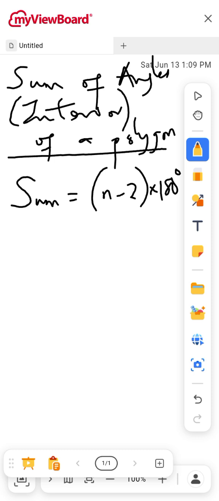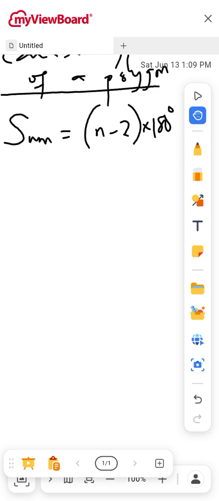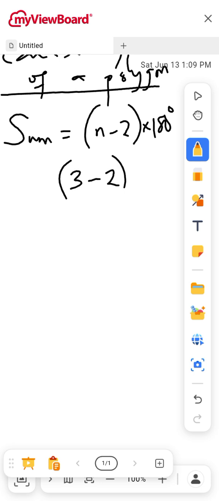Now, we have been told many times that the sum of angles in a triangle is 180. How did they come about that? Don't forget that a triangle is also a polygon, with three sides. So let us see whether it's actually going to be 180. When you insert your n, which is 3 for a triangle, 3 minus 2 multiplied by 180 degrees. 3 minus 2 is 1, multiplied by 180 degrees.